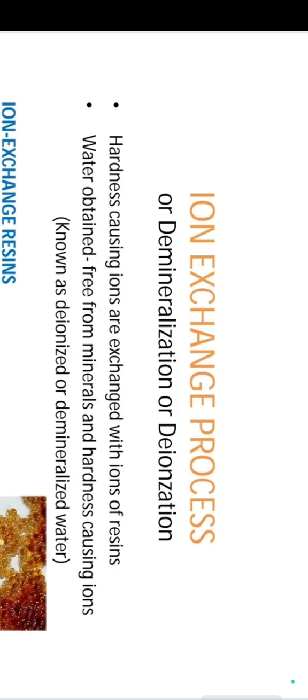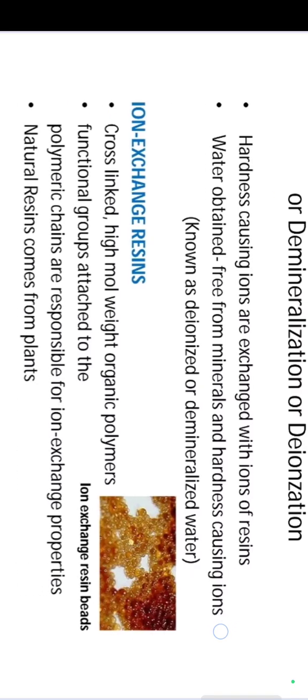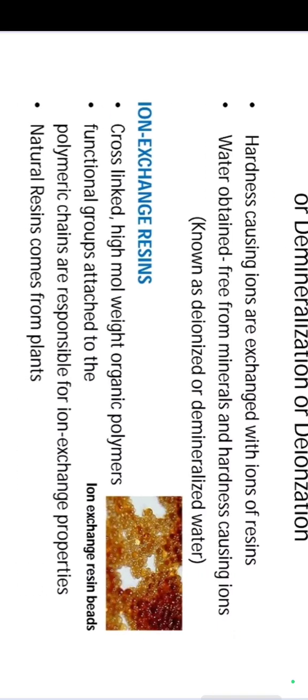The soft water produced by the zeolite process does not contain hardness-producing calcium and magnesium ions, but it contains other ions like sodium, potassium, sulfate, chloride, etc. On the other hand, demineralized water does not contain both anions and cations.